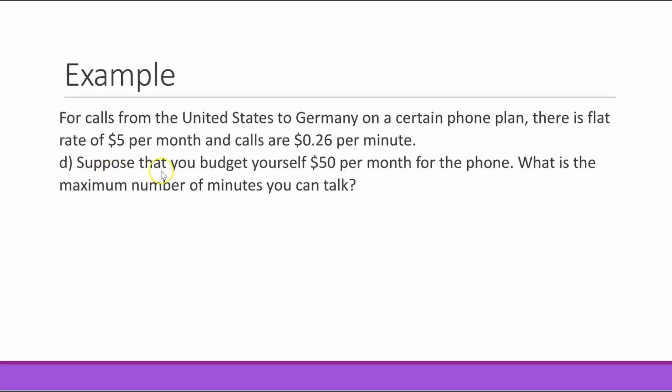In part D, suppose that you budget yourself $50 per month for the phone. What is the maximum number of minutes you can talk? So again, this time we're given a dollar amount. So we're going to have to substitute that dollar amount, $50, into the left side of the equation and solve for X. So subtract the 5 to the other side, 45 equals 0.26x.